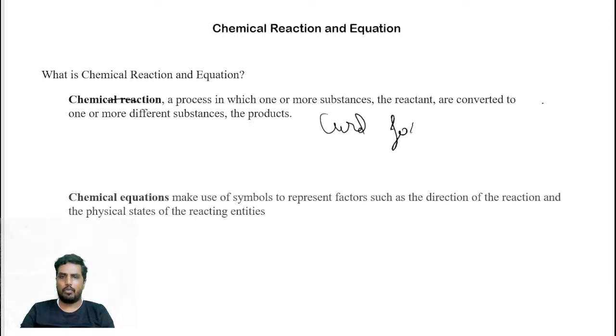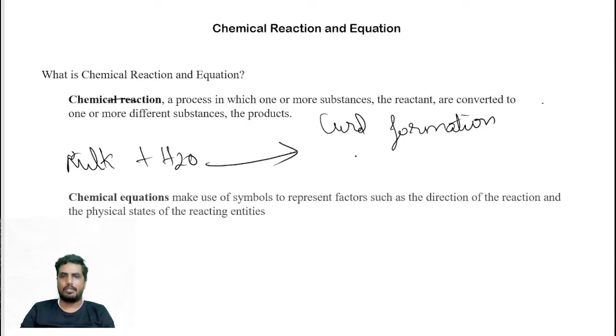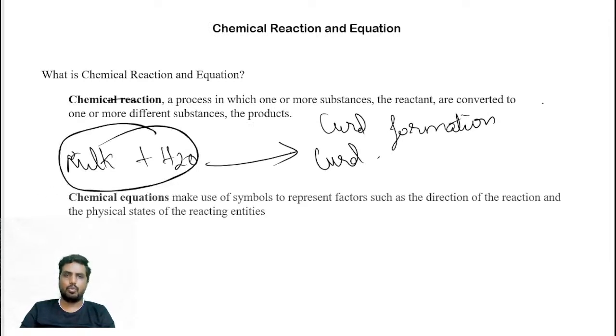So curd formation. When milk plus H2O is reacted to form curd, right? Here you can see the two components which form the one component. So this is called a chemical reaction.